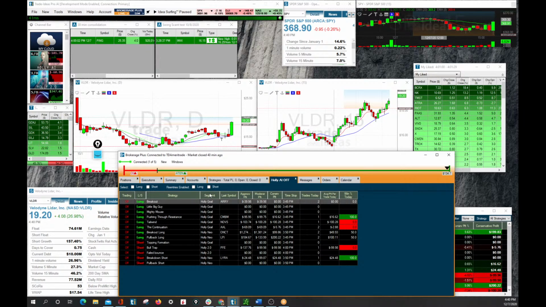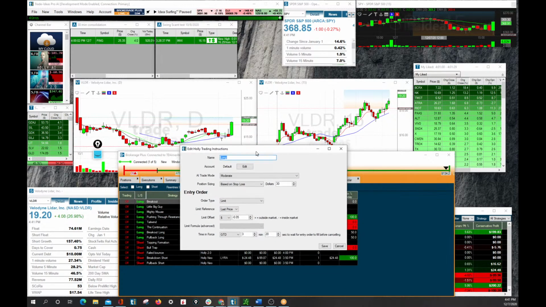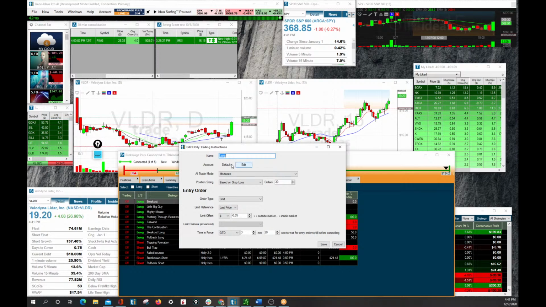All right. Then you're going to right click whatever the strategy is. So we're just going to do a breakout strategy for now as an example, and we right click it, edit long strategy instructions, long trading instructions, excuse me. All right. And here is where the master controls are. So this is where you would be able to set AI trade mode: moderate, conservative, or best of.